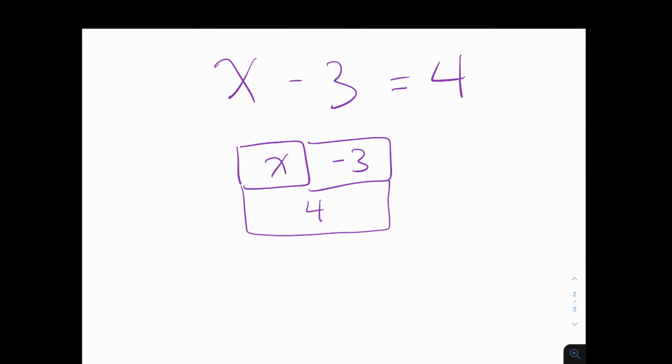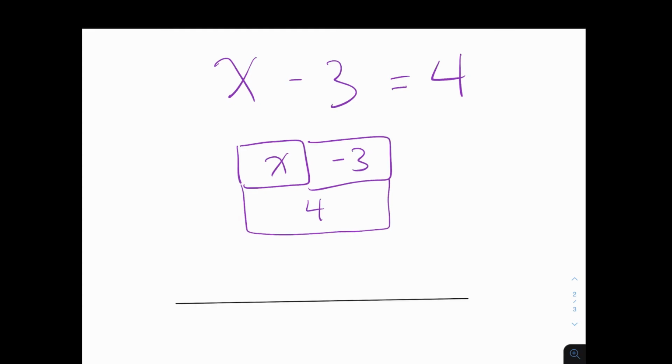So now we take a look. What could x be that when you subtract 3, it would equal 4? If you're using mental math, you know that it's 7. But how can we be sure? The way that we can be sure is using an open number line. We're going to start with the lowest number, which is negative 3. So we'll start with negative 3 over here, and we're going to end up with our sum, which is 4 over here.